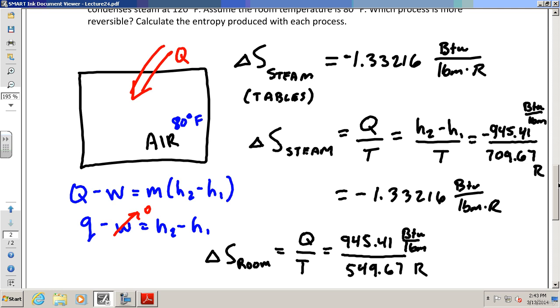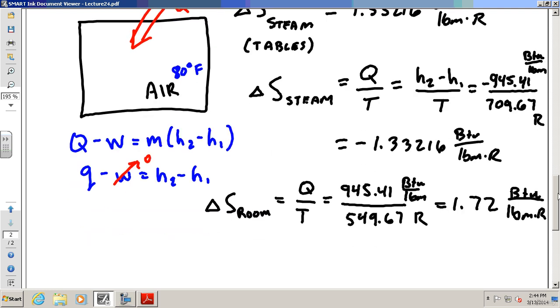And now if I do the division here, 945.41 divided by 549.67, you get 1.72 practically BTU per pound mass Rankine. So what's the total entropy produced? What's the S generated? Your book says generated.